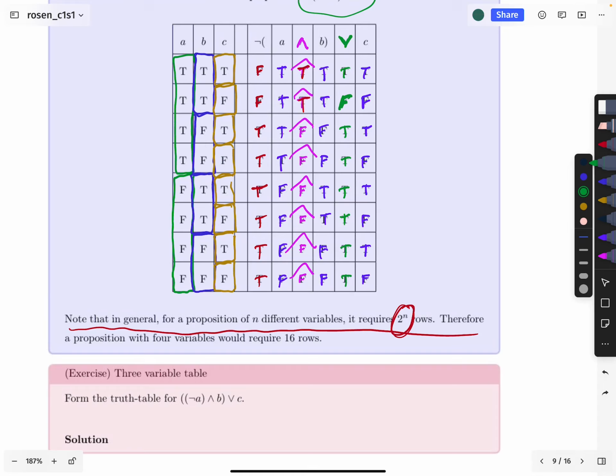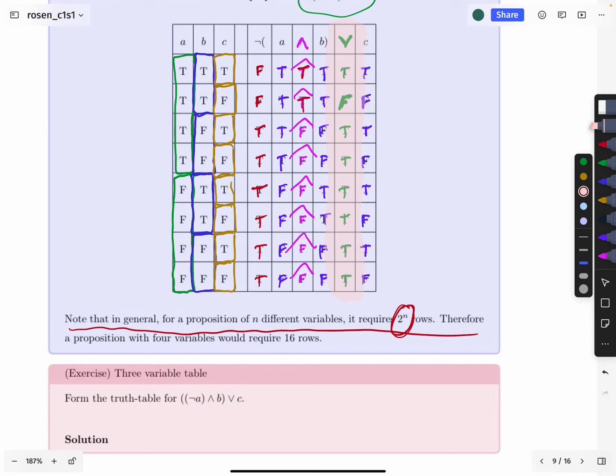I should also emphasize that the true truth table, in a certain sense, is that last value that you fill in. It's the values under the main operator that I'm highlighting now. In a certain sense, everything else is just build up to that.